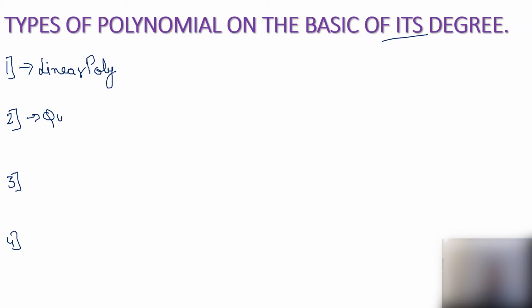Next is types of polynomials on the basis of their degree. There are basically 4 different types. After that we call it a polynomial only, with the number of the degree. Degree 1 is known by the name linear polynomial. Degree 2 is known by the name quadratic polynomial.